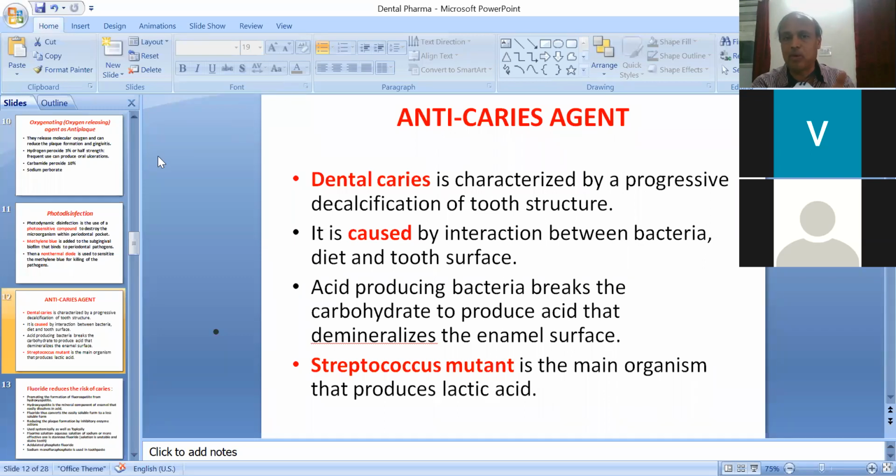That progressive demineralization, decalcification of the tooth structure, is known as dental caries. The bacterium commonly responsible is Streptococcus mutans, the main organism producing lactic acid, which causes this damage and is responsible for the caries.